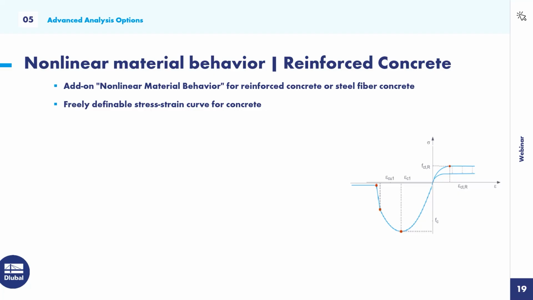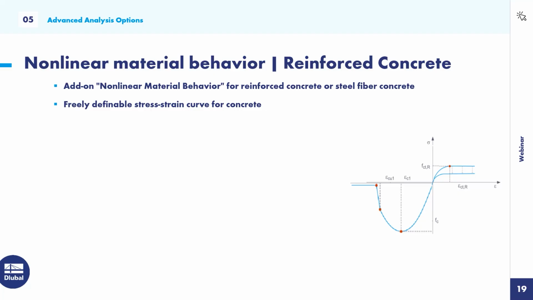Further, we have the possibility to totally freely define the stress-strain curve for the concrete. Of course, there are some predefined stress-strain curves which are necessary for the deflection calculation or for the stability design, but you are able to define your own stress-strain diagram. This was not possible in RFEM 5.